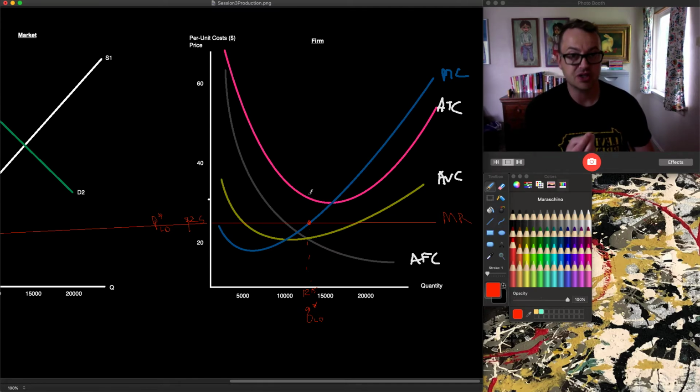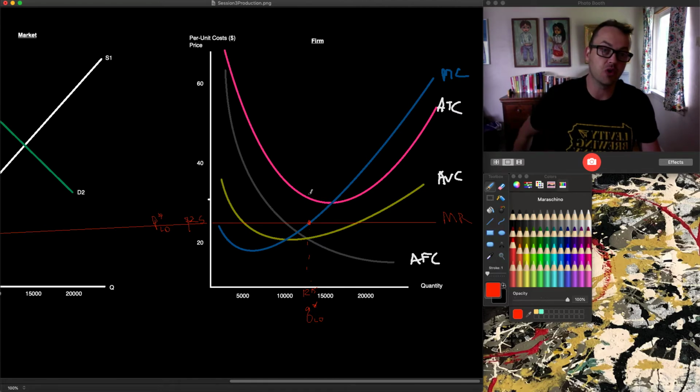The second decision is, should we even open the doors in this environment? There's pretty low demand. If we open up our doors, we already have our land rented, our capital rented. By opening up our doors, what do we have to do? We have to hire people to come in. We have to bring in the other variable costs.